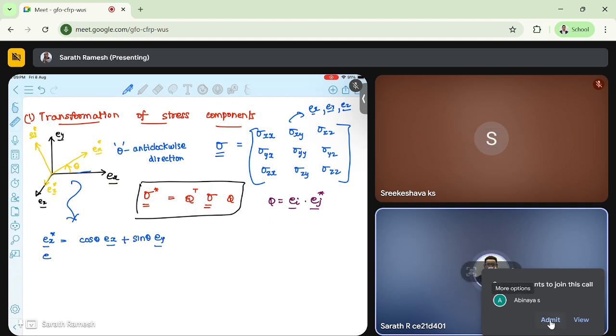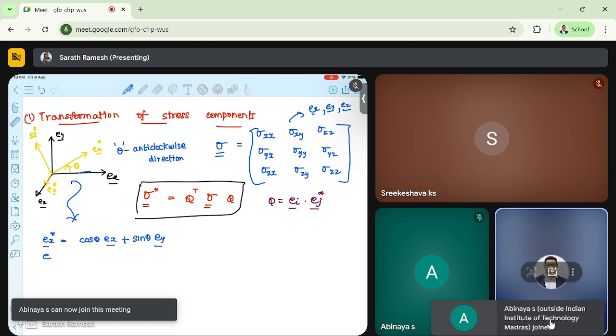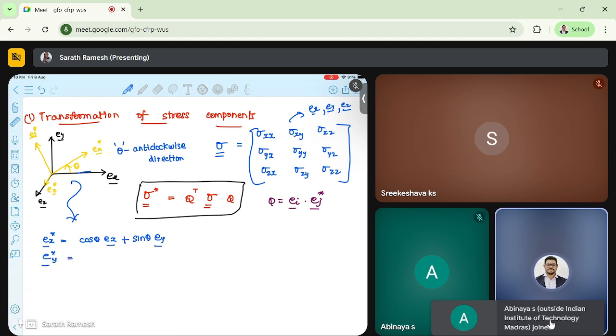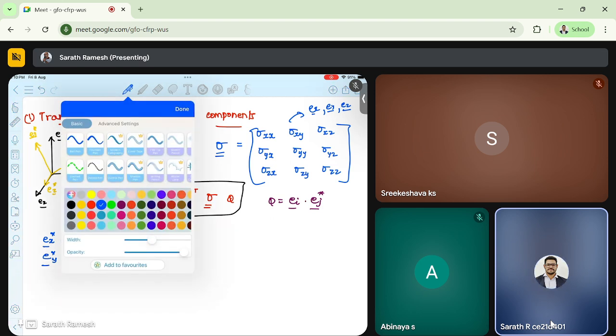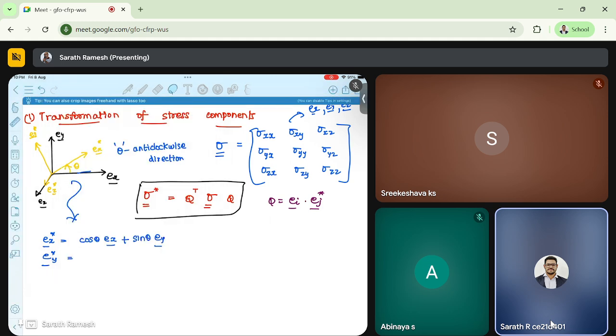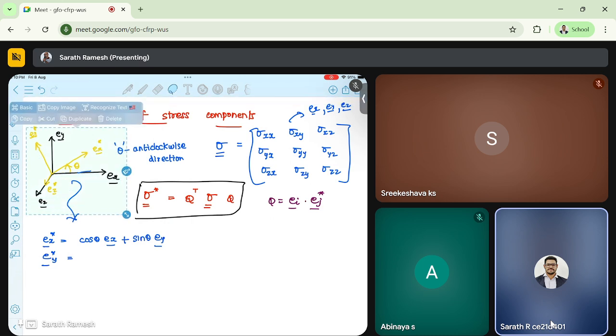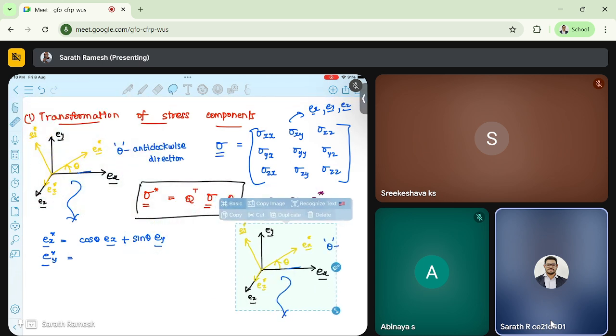Similarly, here we have Ey star. I want to write Ey star in terms of Ex and Ey. Maybe let me redraw this. Suppose here I have this.